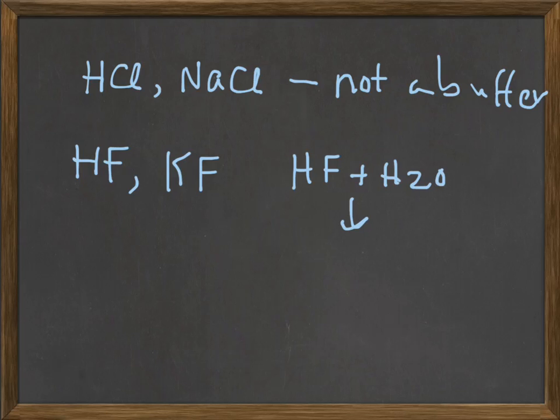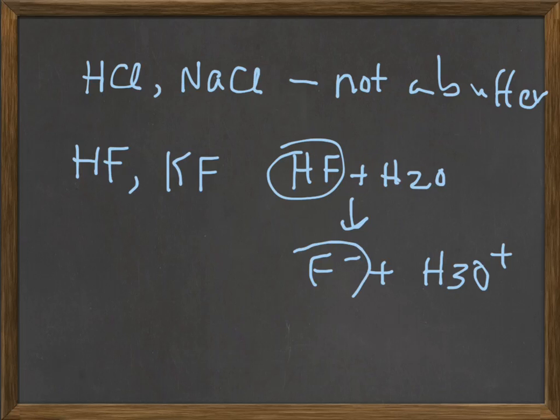When it reacts with water, it forms fluoride ion and hydronium ion. This is the acid, this is the conjugate base. So is KF the salt of the conjugate base? Yeah. It's an ionic compound containing the conjugate base.